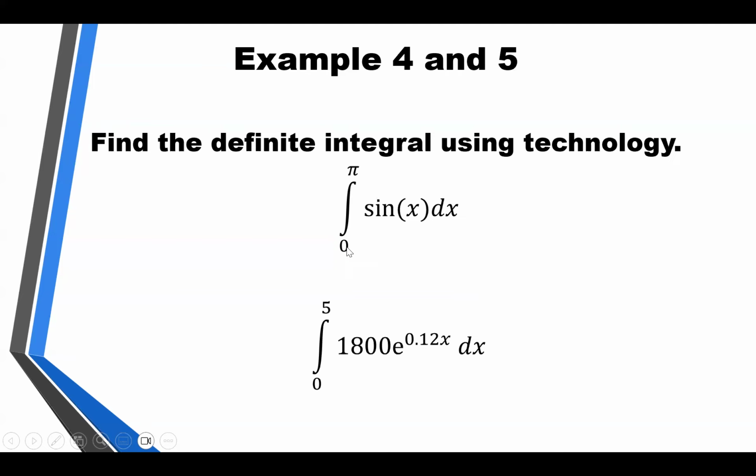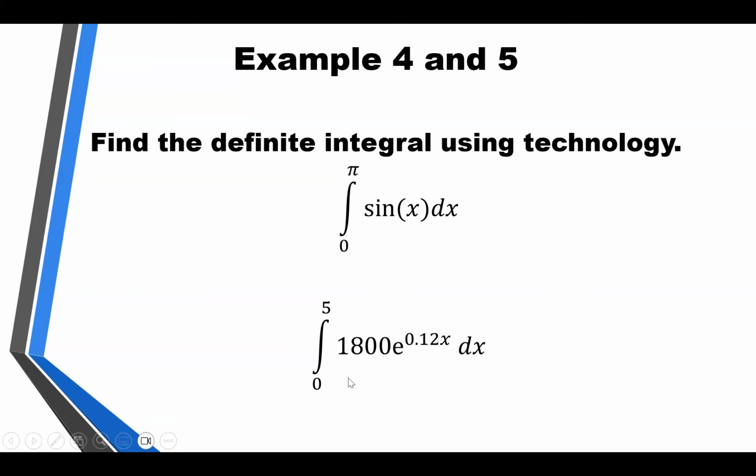So we're going to integrate from 0 up to pi, and then I hit sine of my variable x with respect to x. And if I do that using technology, I also get a 2, just like when I did it by hand.